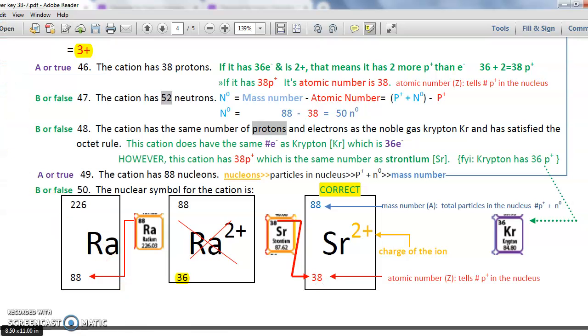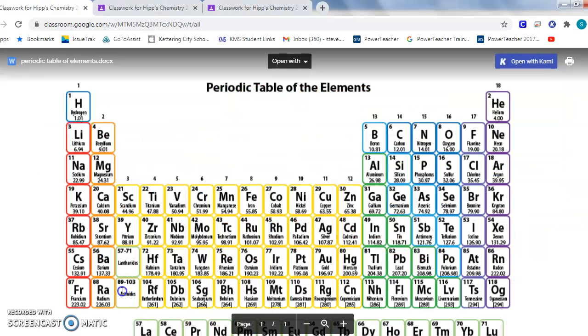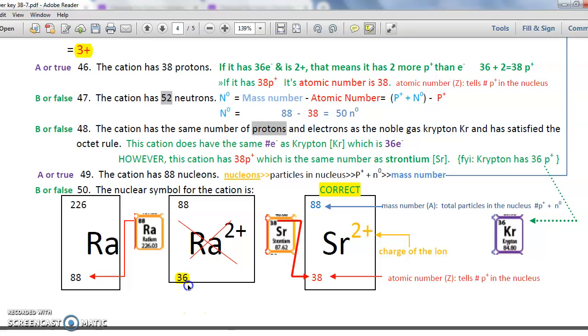Let's take a look at the periodic table. What is radium's atomic number? Radium has an atomic number of 88, not 36. This radium, first of all, would have an 88 there.